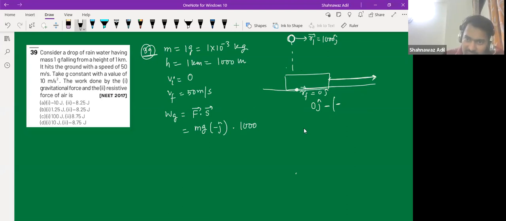So if we calculate the displacement, that would be how much? 0 minus 1000 J hat, so this is minus 1000 J hat. So yes, that would be plus mg and this 1000.